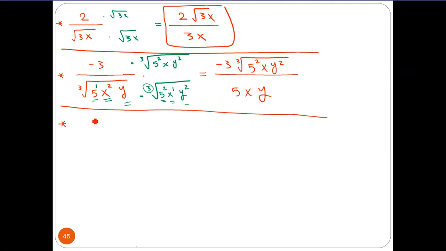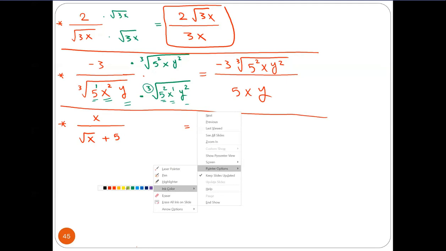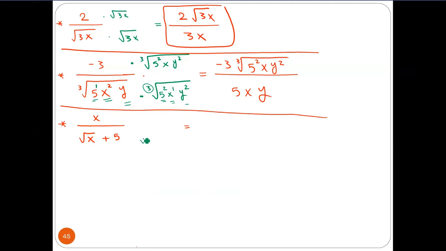For example, x over radical x plus 5. We want to remove the radical in the denominator. What's the conjugate? Here the conjugate is the same radical x and 5 but with a different sign. If there is a plus between them we put negative, and if negative we put plus.